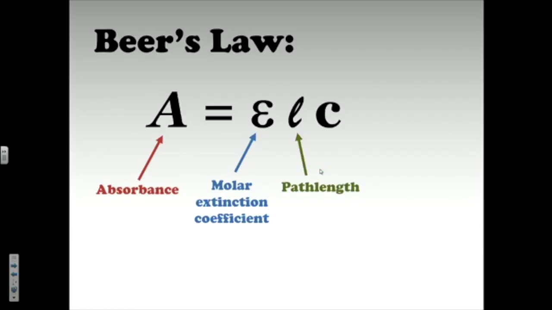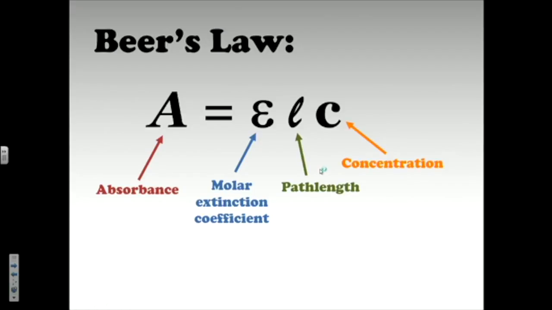The path length, which is the distance that the light is traveling through, and then the concentration of whatever the species is in solution. So every given chemical species has a distinct molar extinction coefficient. Most of the time, you're not going to know what that is for whatever chemical you're looking for.